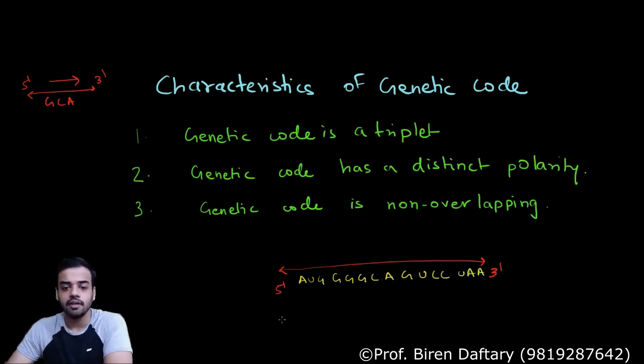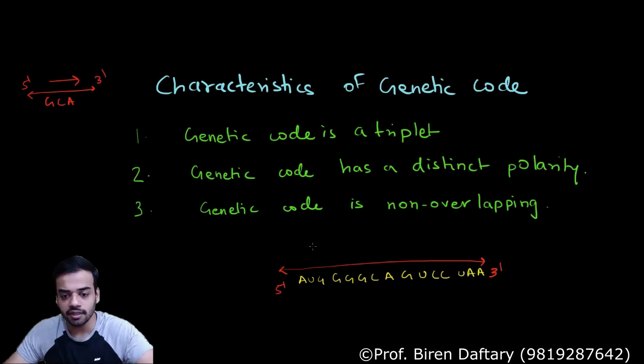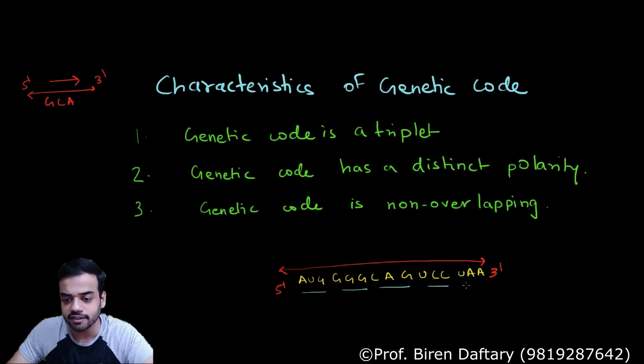What is the meaning of non-overlapping? It is very simple. When you are reading this from 5 prime to 3 prime, first you will read this codon, which is your start codon. Then you will read this codon, then this, then this. So you are reading one codon at a time. And finally you have this stop codon.